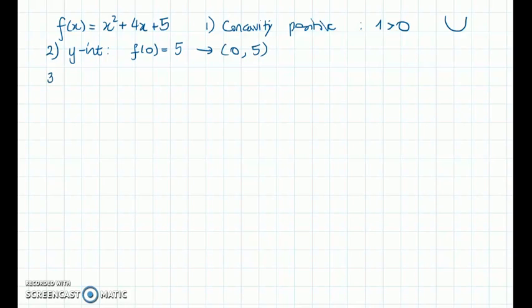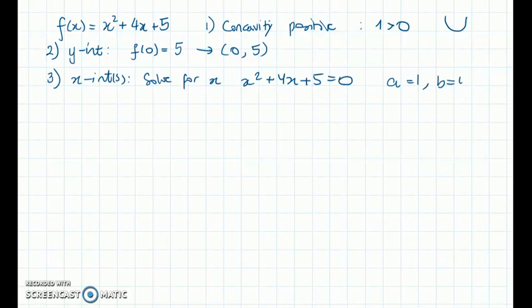And now I'm going to try to find the x-intercepts. I'm going to solve for x the equation x squared plus 4x plus 5 equals 0. This is a quadratic equation, so I'm going to apply the quadratic formula. Here a is 1, b is 4, and c is 5.